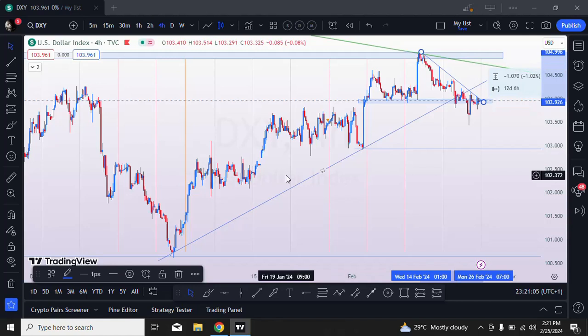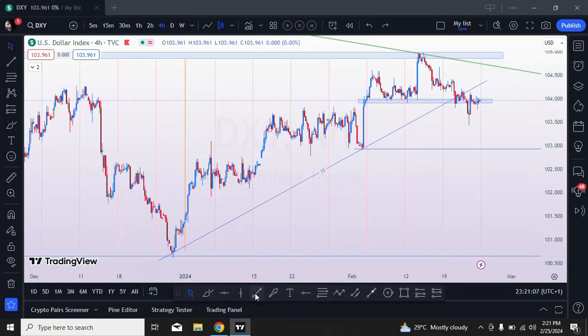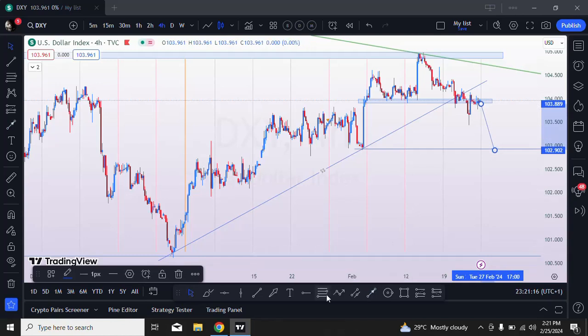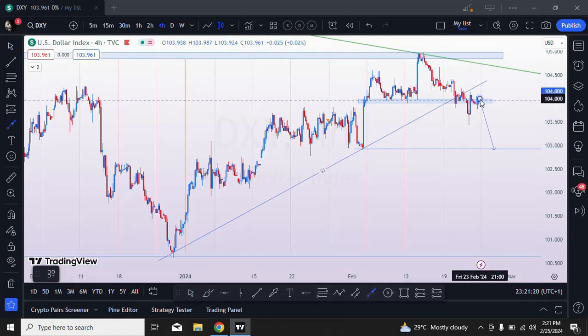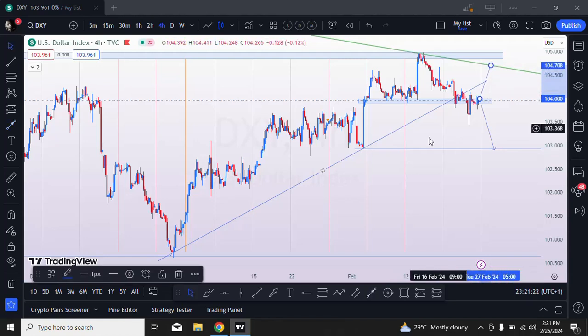That's my bias on this trade. So the first thing is I'm expecting a breakdown, or a change of direction back to the top. So let's look at the next pair.